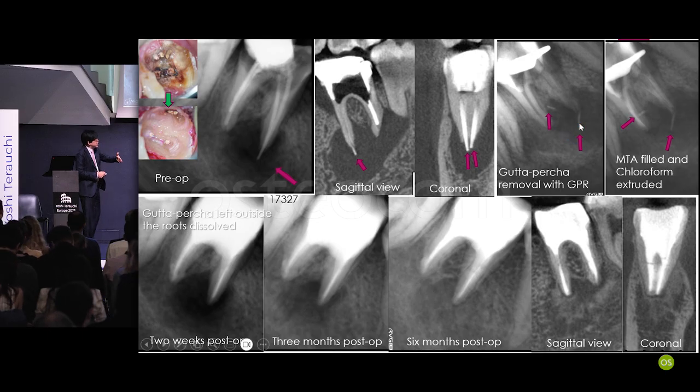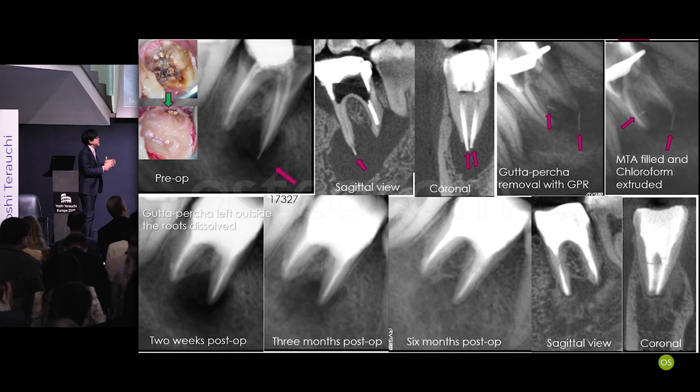It's not in a straight line. So I thought I was not able to touch the gutta percha here and here, especially this one. It was impossible to touch this gutta percha. So I decided to close the root canal with MTA.